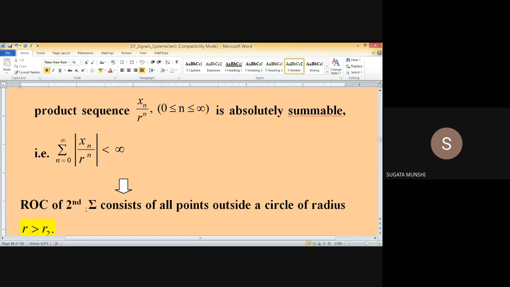Remember that R2 can be 0 and R1 can also be infinite, depending on the sequence. And for certain sequences, none is 0 and none is infinite. In the strict sense, it's a ring-shaped region.